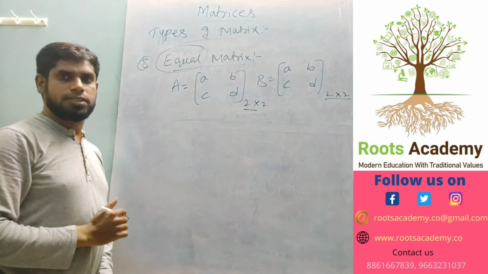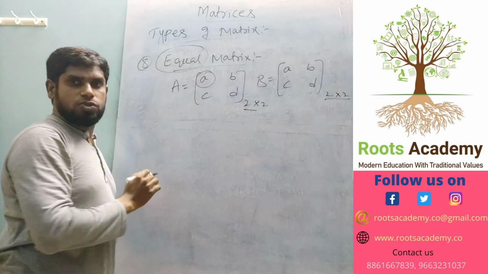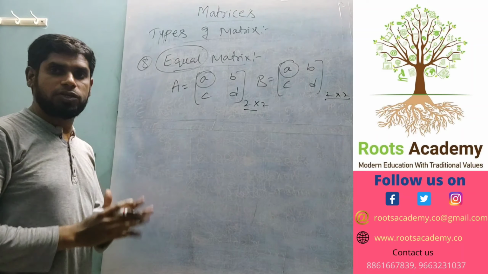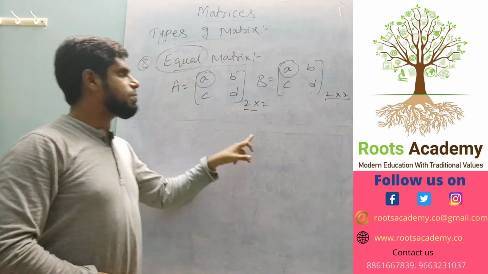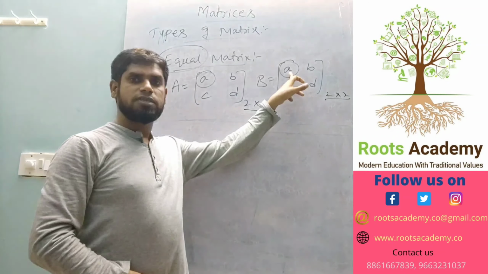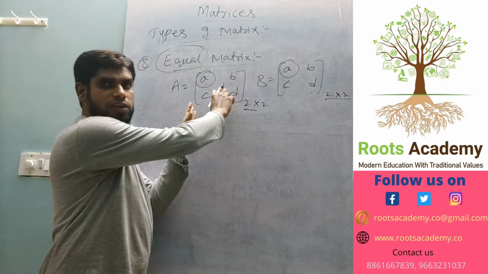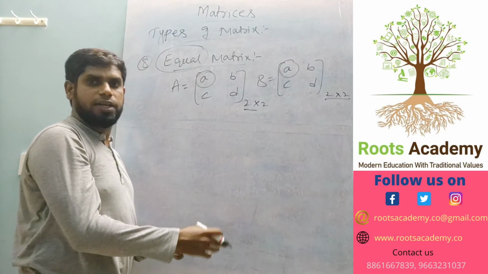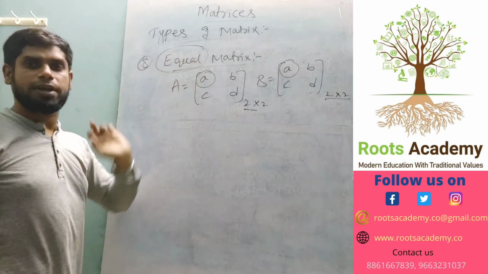Then second case, the corresponding elements of the two matrices. The corresponding elements means first element of first matrix must equal first element of second matrix. Like that, we should check for all the elements. If any corresponding element is different, then it is not equal matrix.